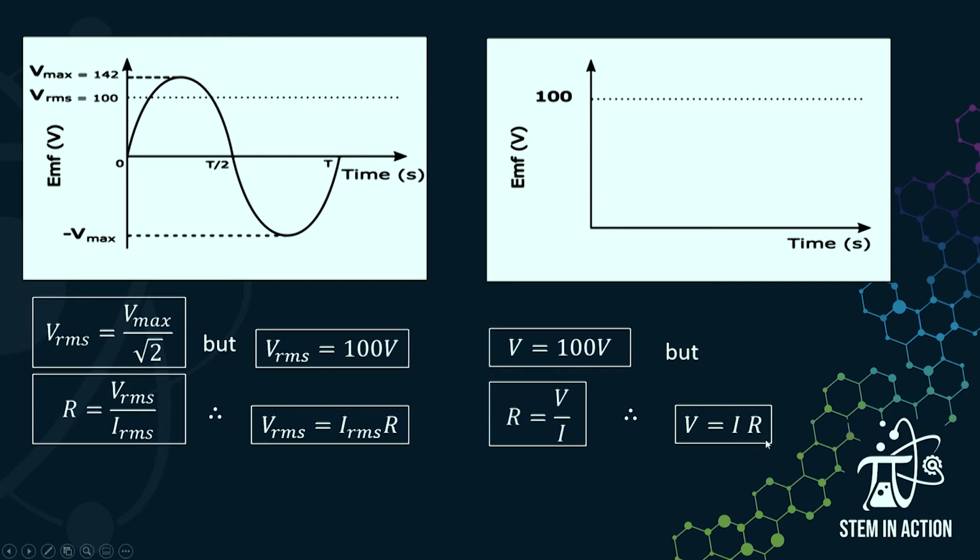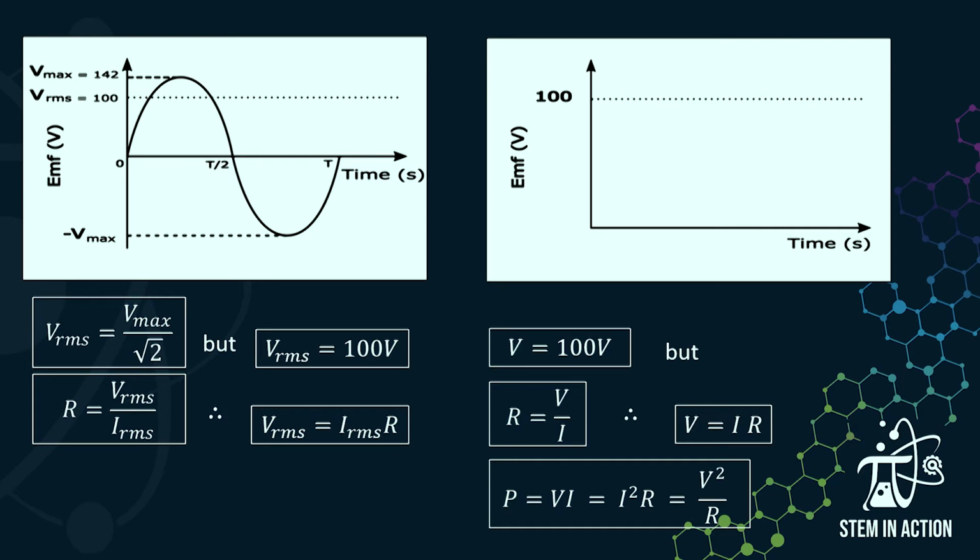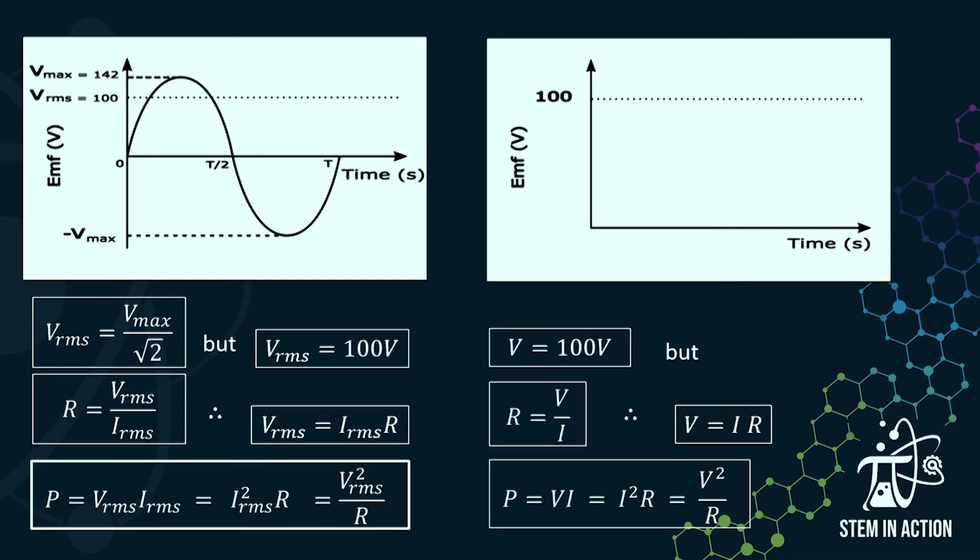V equals I times R, and for an AC circuit, VRMS equals IRMS times R. If we consider power, our power formulae are P equals VI, which equals I squared R, which equals V squared over R. So those are our power formulae, and we can now give this corresponding power formula in terms of VRMS and IRMS. There they are, right there.